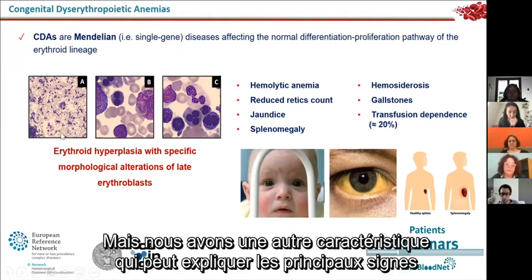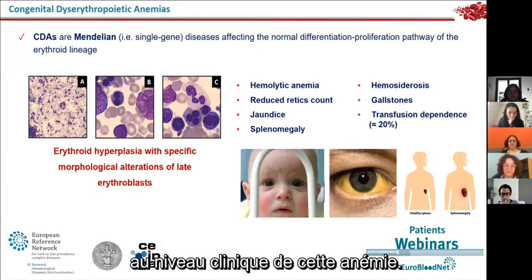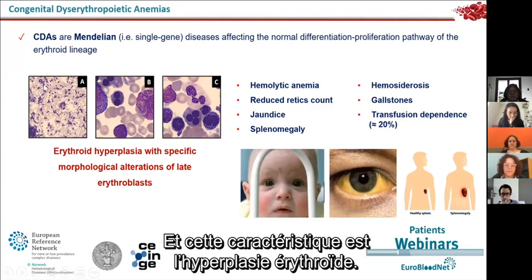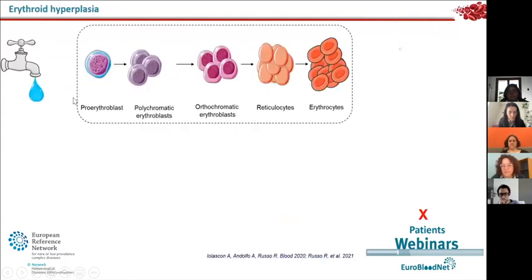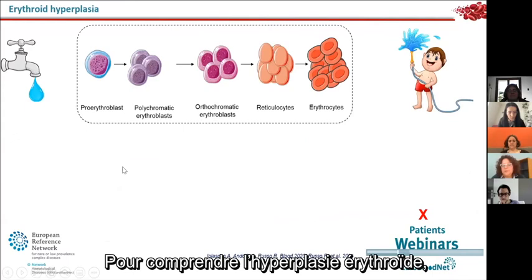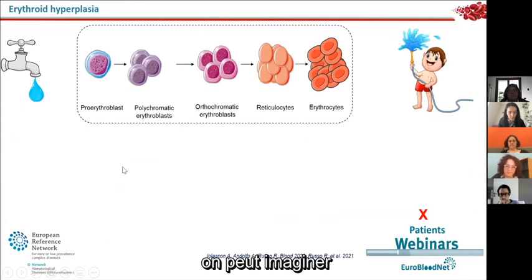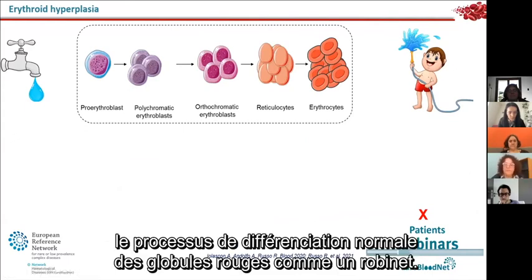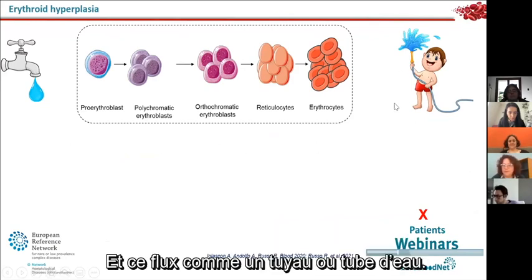But we have another important feature that can explain the main signs at the clinical level of this anemia, and this condition is the erythroid hyperplasia. To understand the erythroid hyperplasia, we can imagine the normal differentiation process of red blood cells as a water tap, and that flows in a water hose, in a water tube.